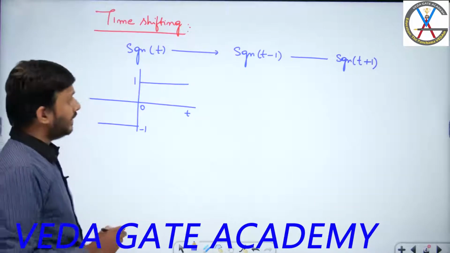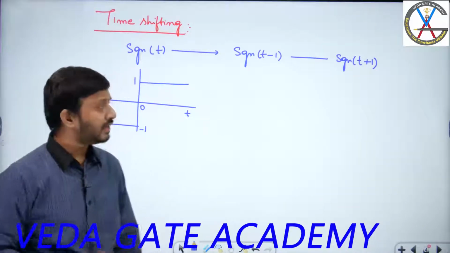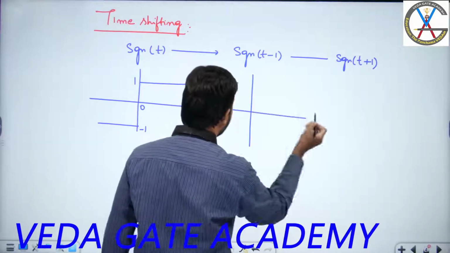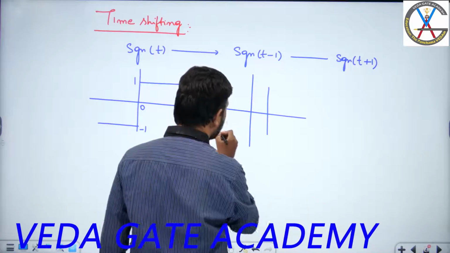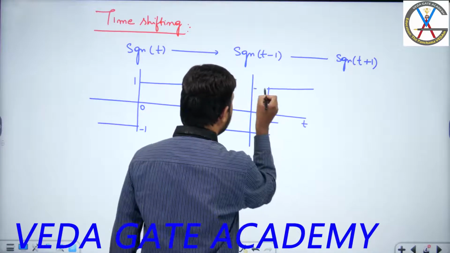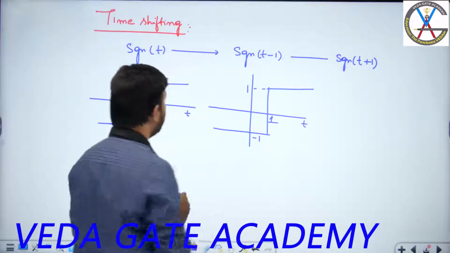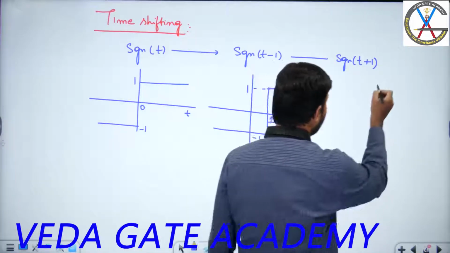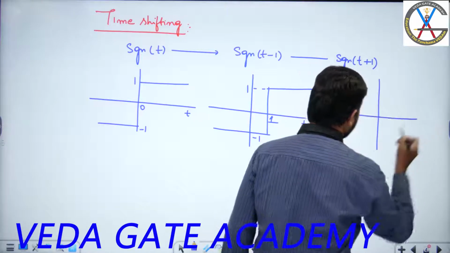Signum of t minus 1. Signum of t minus 1 means delayed version of signum t by how many units? 1 unit. So it will look like this. This is signum of t minus 1. In the same way, can you get signum of t plus 1? Yes. Advanced version of signum t by 1 unit.